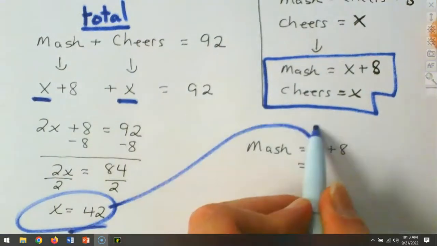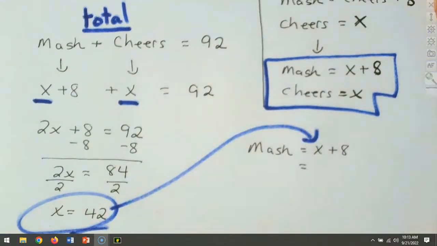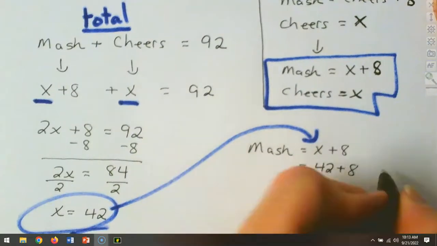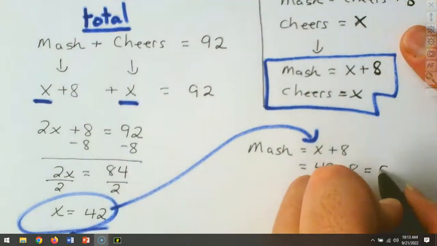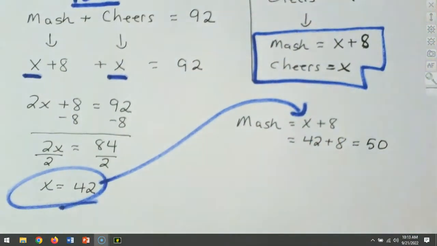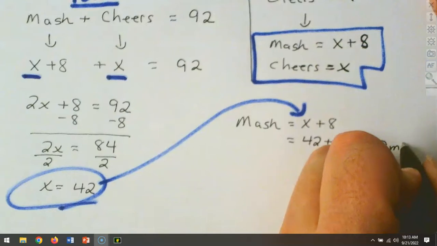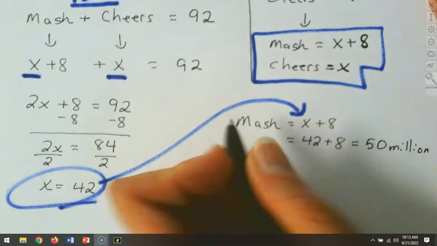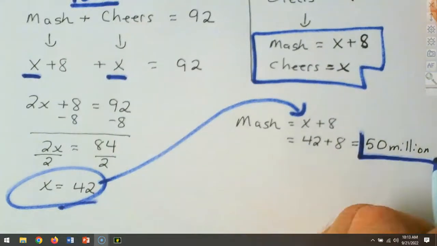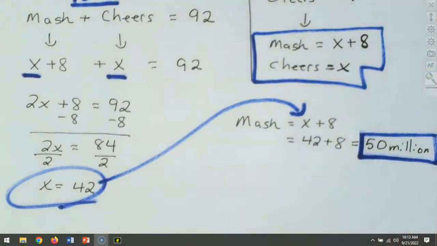So plug it in. So plugging that in, we get 42 plus our 8. And that gives you then what? 50. And we're looking at viewers, and this is in millions. So 50 million people watched the MASH episode.